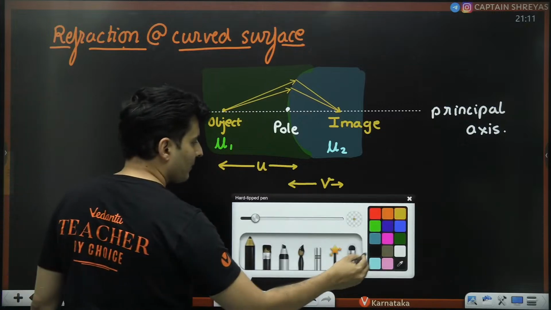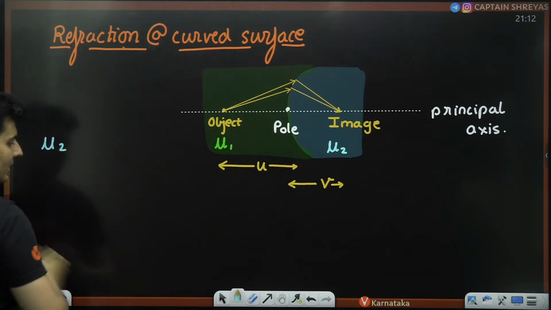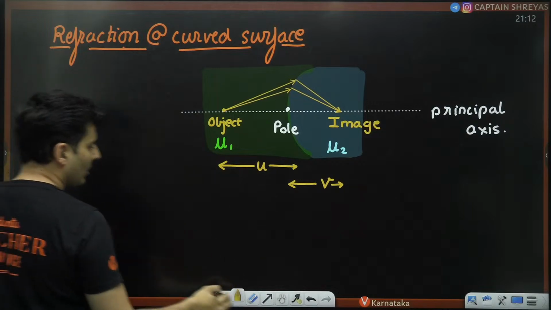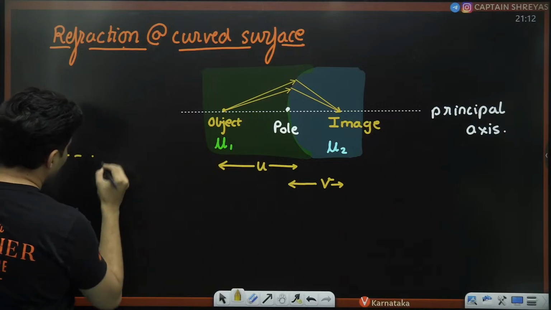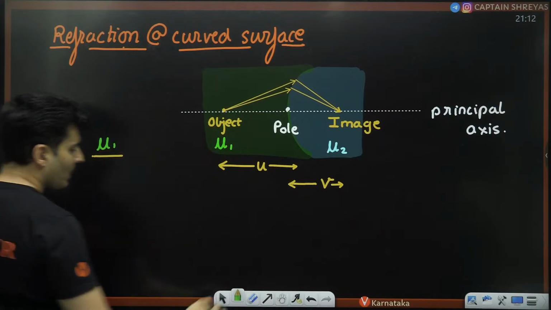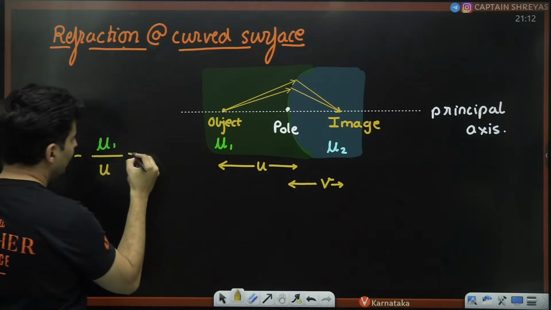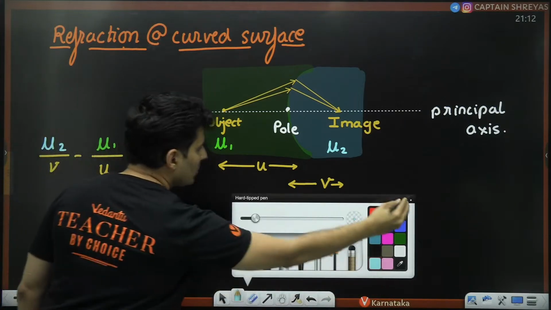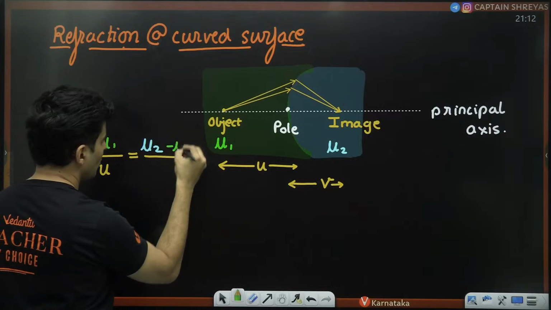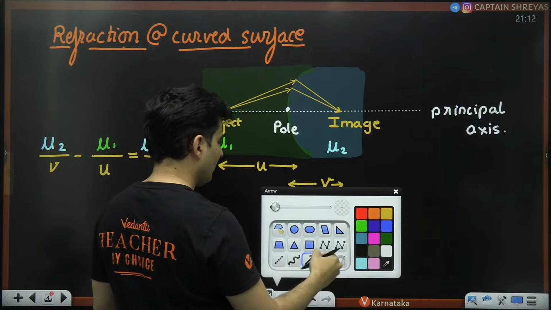You first take the second medium where the refracted rays are, mu2, and put below it the image distance v, and then from that subtract the first medium's refractive index, mu1, divided by the object distance u. That will be equal to, using the same order, mu2 minus mu1.